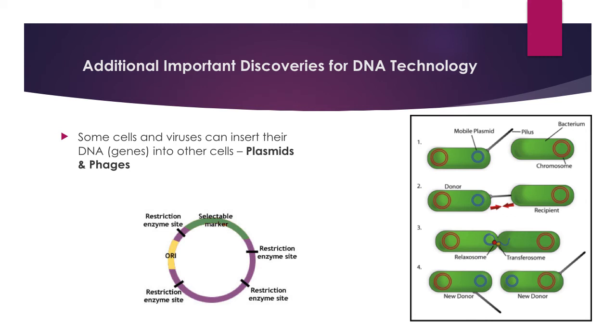Plasmids insert themselves from one bacterium to another, but viruses can do similar things. So if we cut a plasmid or cut a phage piece of DNA, we can often insert a gene into it and then insert it into another cell. And so we have ways of not only mixing, cutting and pasting DNA, but inserting DNA into cells.